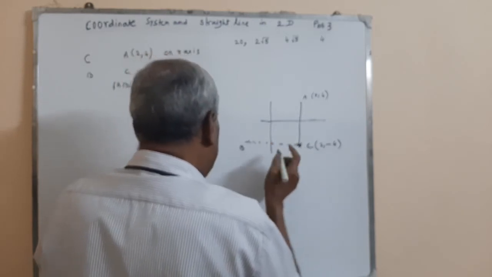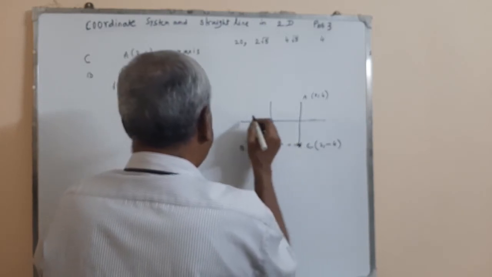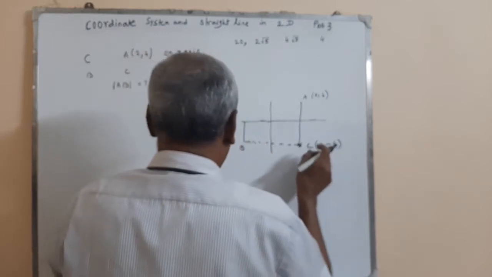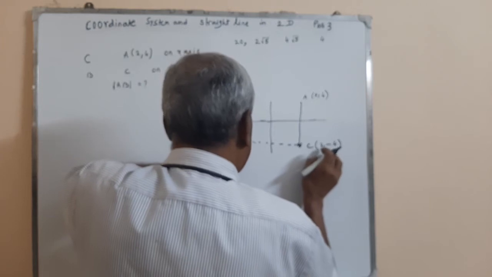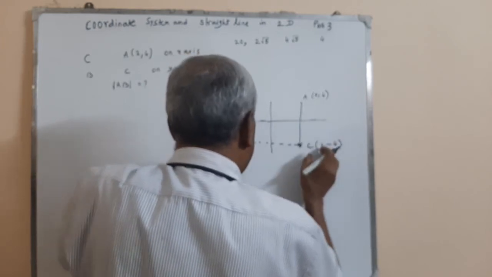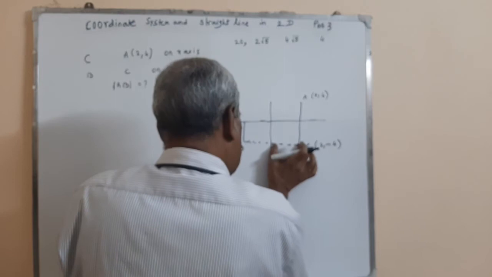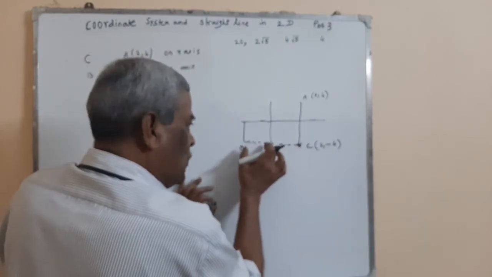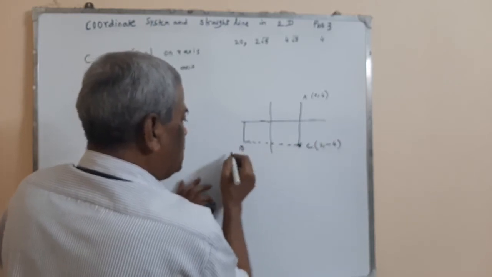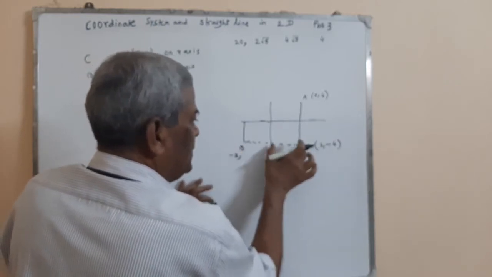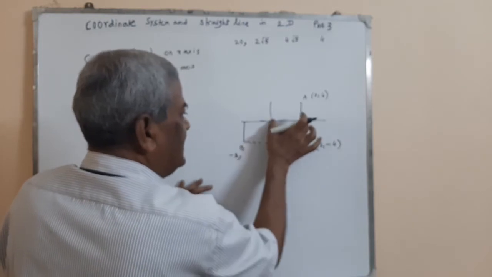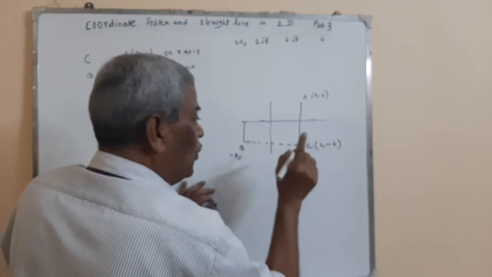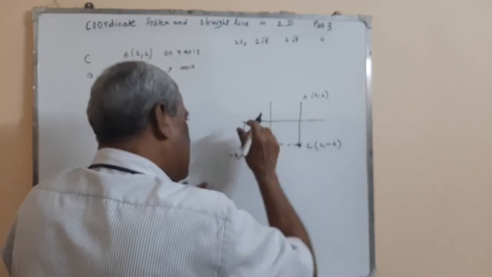So coordinate of B: x coordinate of C is 2, so the x coordinate of B must be minus 2, because this distance and that distance are equal. And y coordinate is minus 4, this is again minus 4.